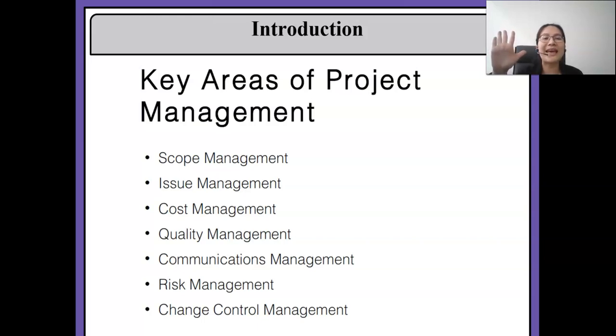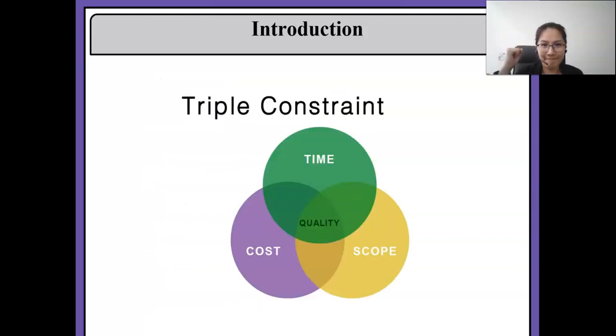You need to get feedback and talk to stakeholders, talk to your top management, talk to your supervisor. Risk management. What is the risk for this project so that we can prevent it, reduce it, or accept it. Change control management. Always have a backup plan for your project so that you have another way to complete it.